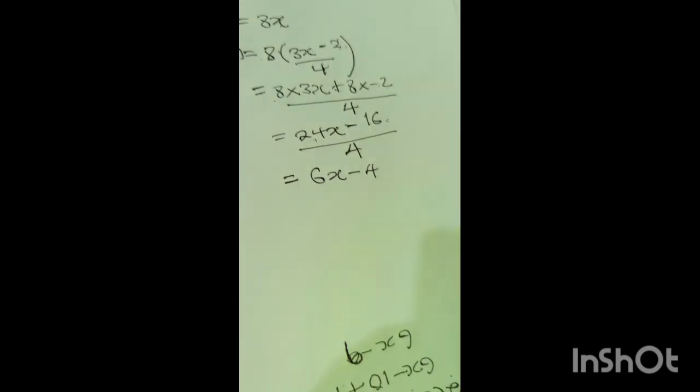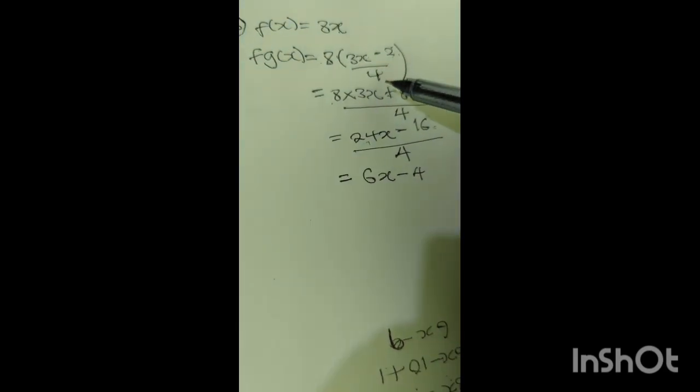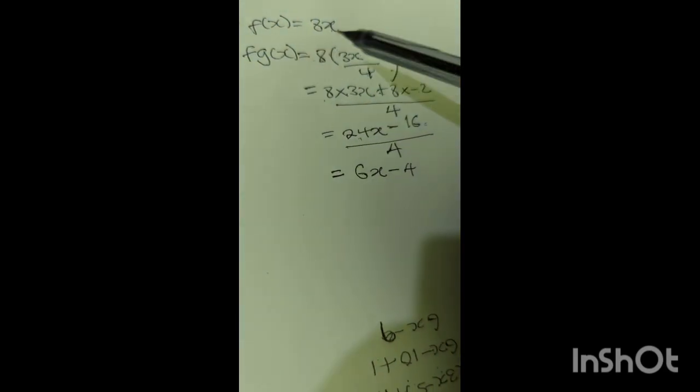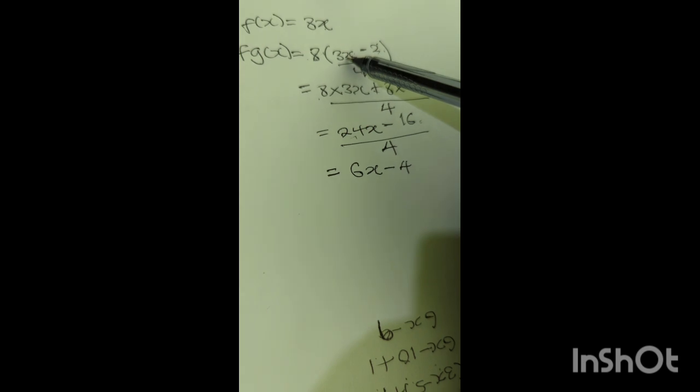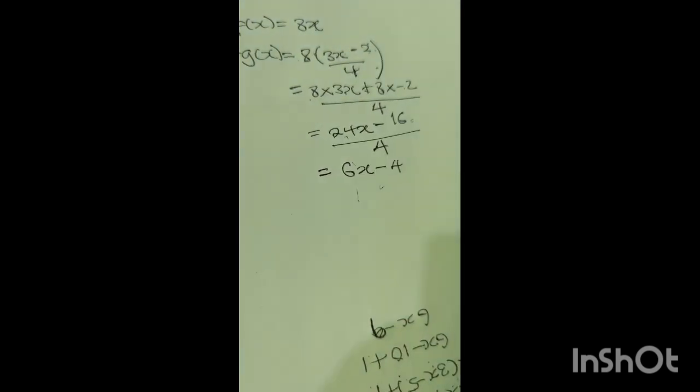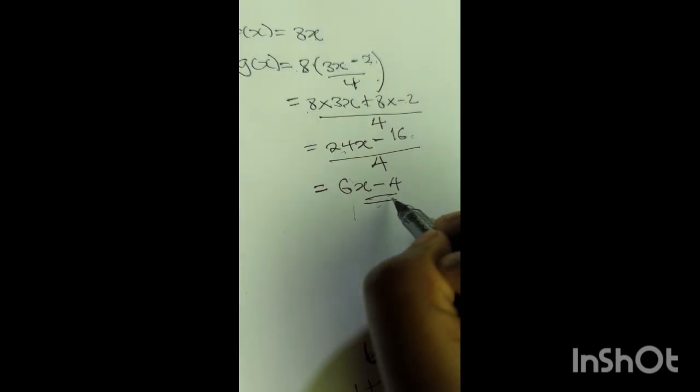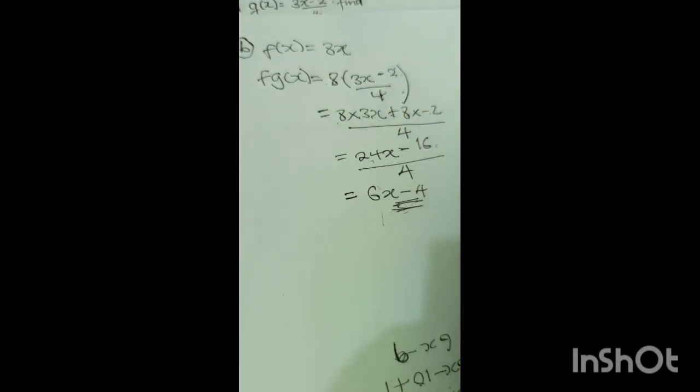Okay, so the expression for fg of x is 6x minus 4, which was going to be the same answer if you cancelled, say 4 here, 1, 4 here, 2. 2 by 3x, 6x. 2 by 2, negative 4. But I took the long cut so that I don't confuse anyone.